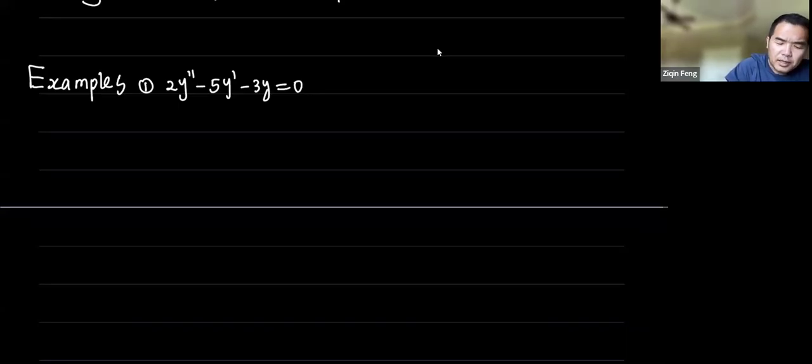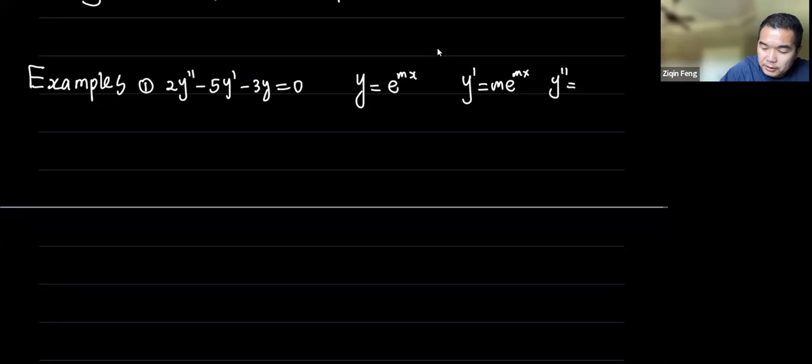Based on our discussion, we know that the solution of such an equation should be an exponential function. We assume y equal to e to mx, which means y prime is m e to mx, and y double prime is m squared e to mx.